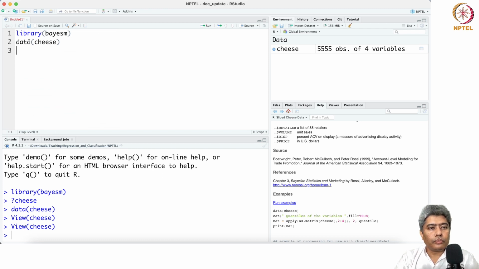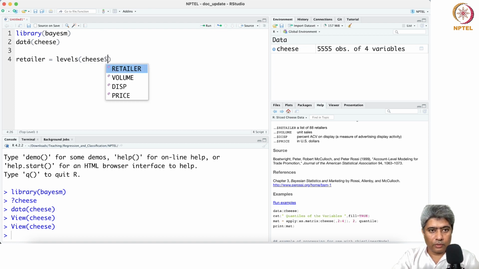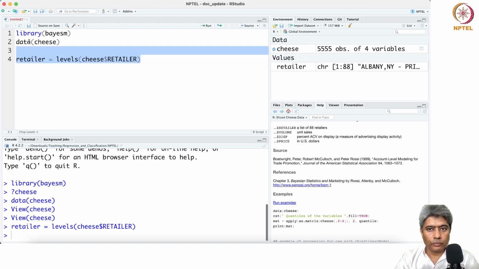So the first thing I'm going to do is check what levels are available in the retailer column of the cheese dataset.